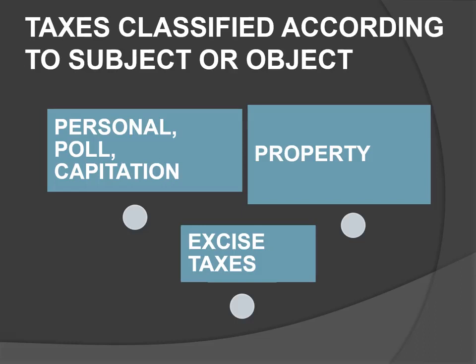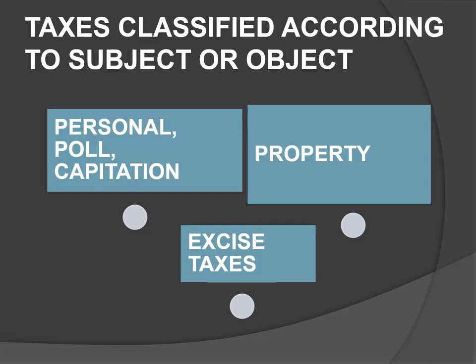A personal, poll, or capitation tax is one that is imposed on a per head basis. It's a poll tax on a per head basis, such as, for example, the community taxes. When you want to obtain your community tax certificate, then you pay your community taxes. It's on a per head basis. And the subject or object is an individual, whether it be a natural person or juridical person.